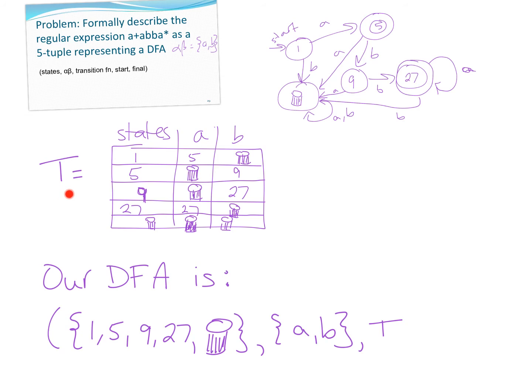Because we just called it T here. And our start state is just a single state, which is state 1. And the accept states is a set, and it looks like it is 5 and 27. There's a close curly, and there's the close round bracket to close out our 5 tuple. So there you go.